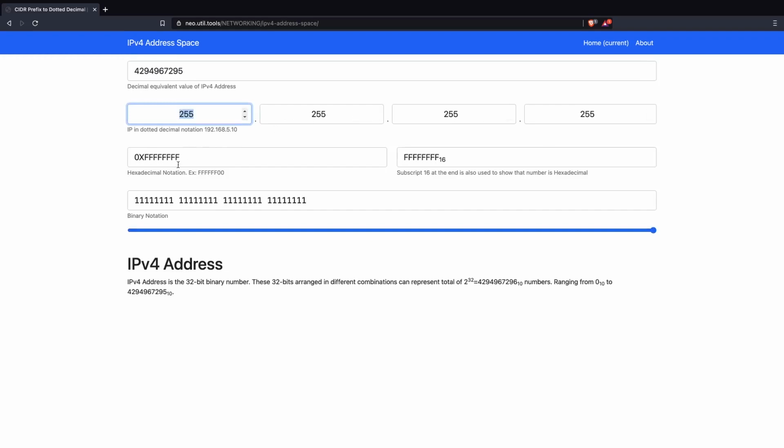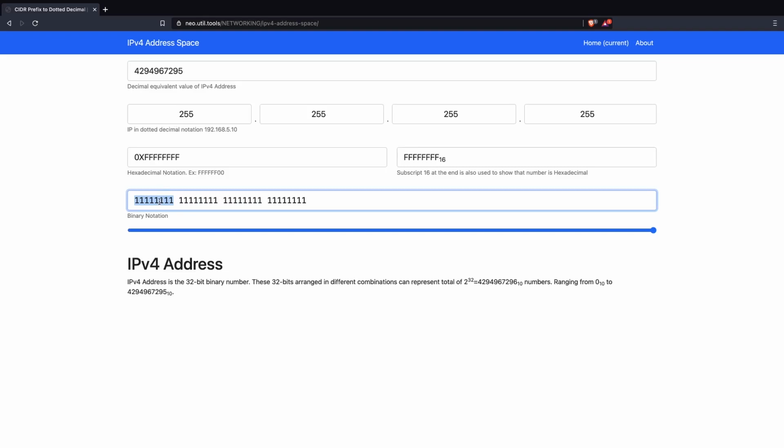Dotted decimal notation, where each octet, which contains 8 bits, is written as a decimal equivalent value. We write each octet as a decimal equivalent and we get 4 octets. We call it an octet because 8 bits are used to represent one decimal equivalent value from 0 to 255. So we call that an octet. Octa means 8.